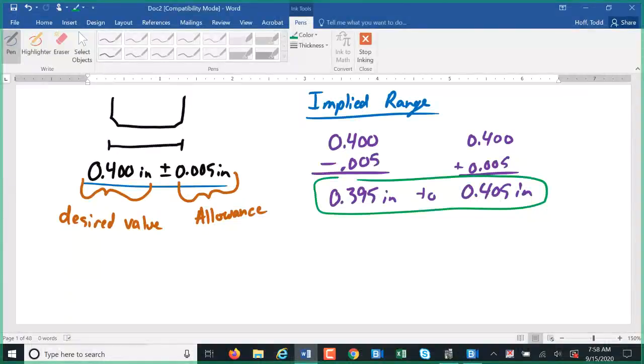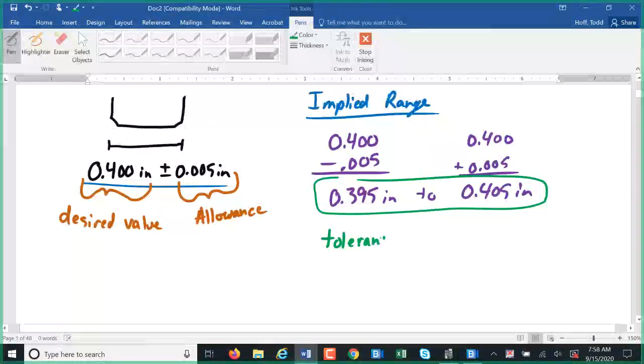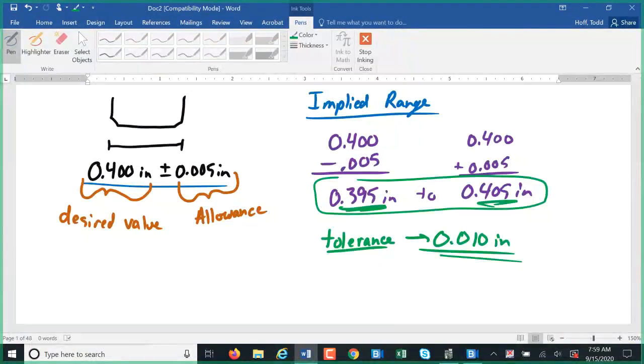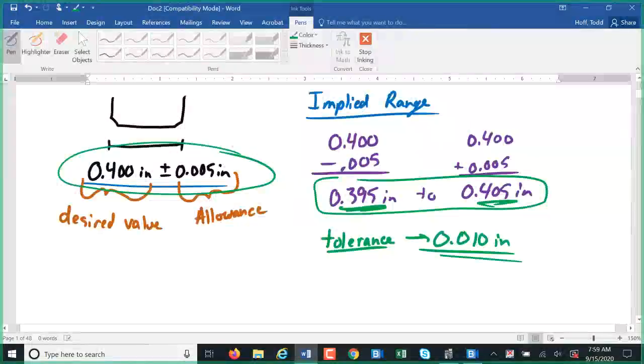The tolerance is the difference between those two measurements. That's giving you a tolerance of 10 thousandths of an inch. Now again, a lot of people look at this and they just say that's 400 thousandths with a tolerance of plus or minus 5 thousandths.